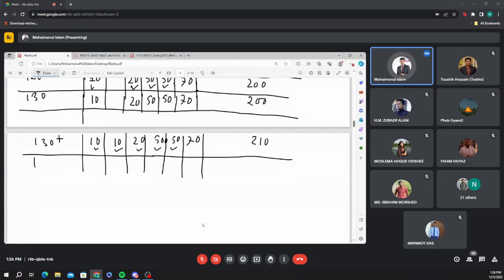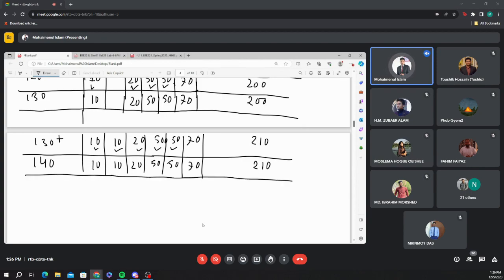The next value should be, you see here, 50, 50, 20, 110, 120, 130, 140, total 140. We can write it down as 140 after adding up those values. This is the next value. So if it is 140, you can cover it very easily by using these generators. So it should be similar to 130 plus.